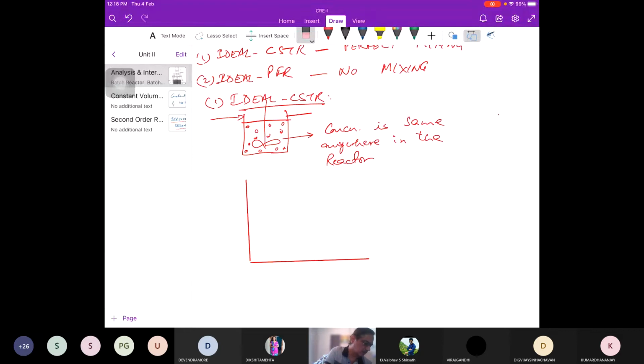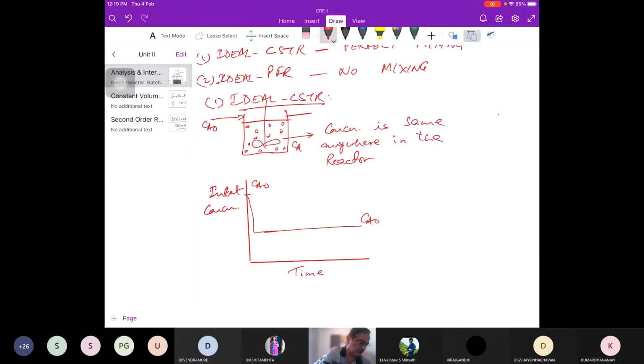What will happen is this is the inlet concentration, CA naught, and this is the outlet concentration, something like this.